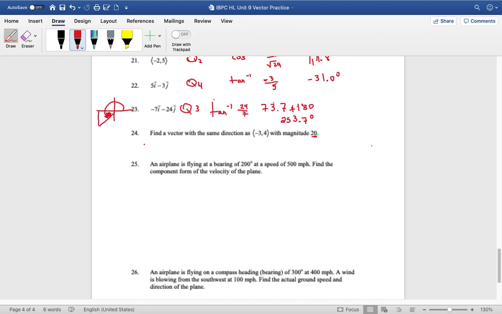have a magnitude of 1, since I know the magnitude of negative 3, 4 is 5, my unit vector then is negative 3 over 5, comma 4 over 5. That's my unit vector. What is the magnitude of that vector? Well, it's 1. That's the whole idea of making it a unit vector. And I want to multiply that by what?